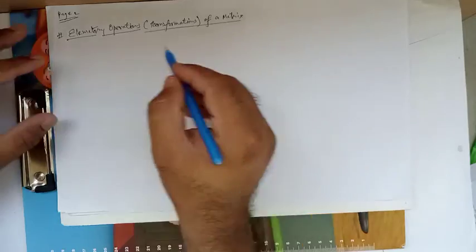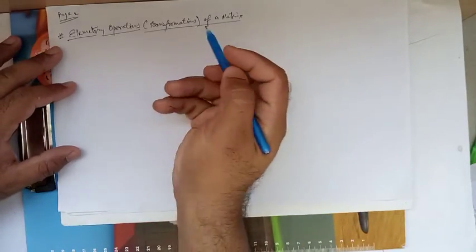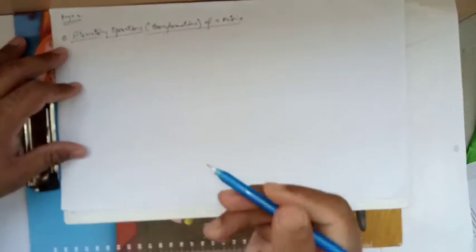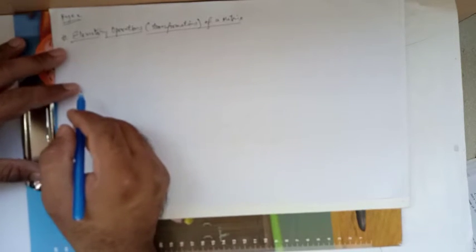What we are doing is elementary operations and transformations to find the inverse of a matrix. So what are the operations or transformations?